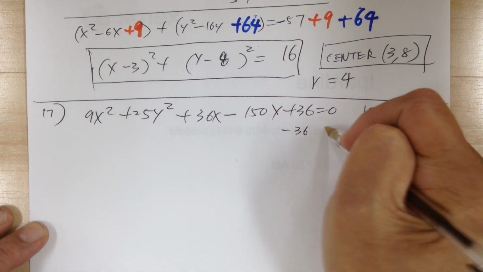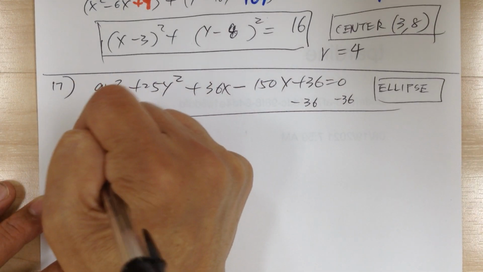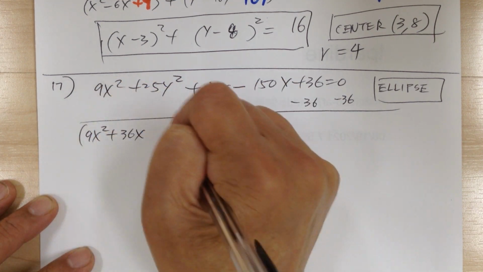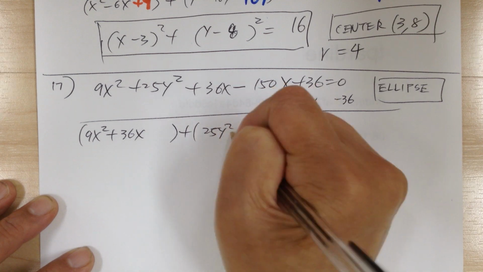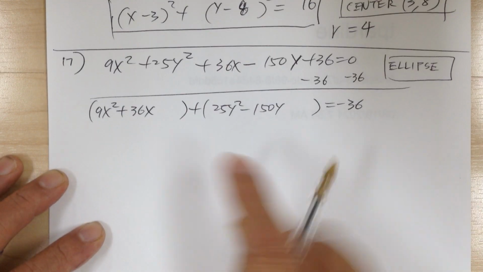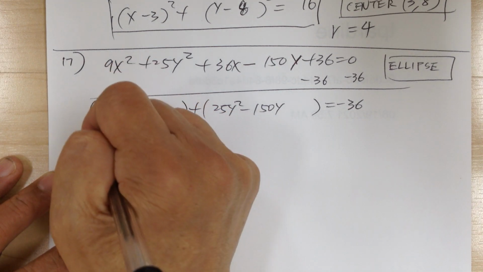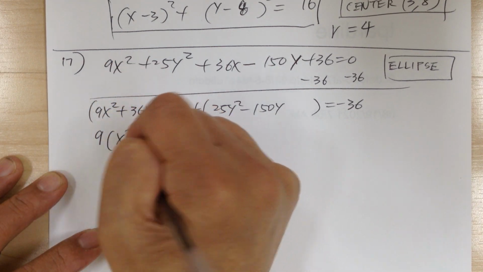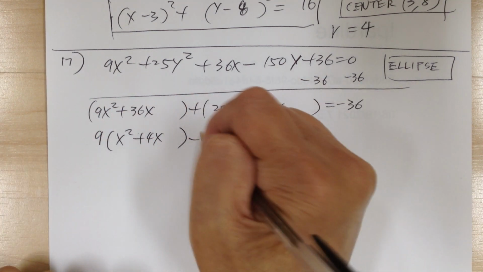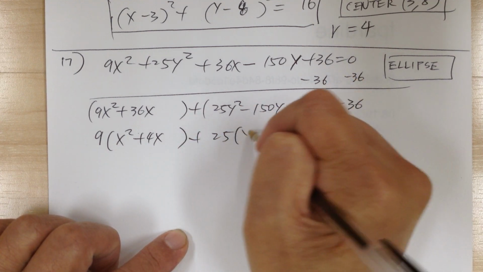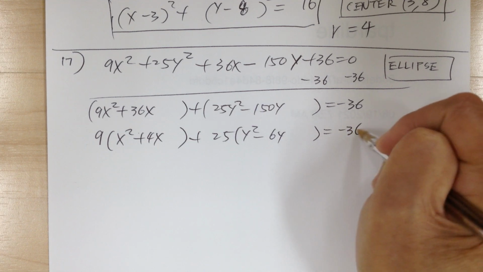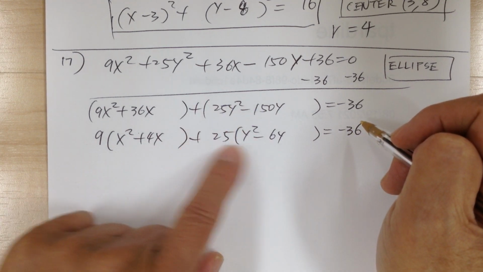Again, let's get rid of this number and group your variables. Next, you have to factor out whatever number is in front. So you factor out the 9, and always double check: this times gives you that, this times gives you that. This one you have to factor out the 25, and double check again.